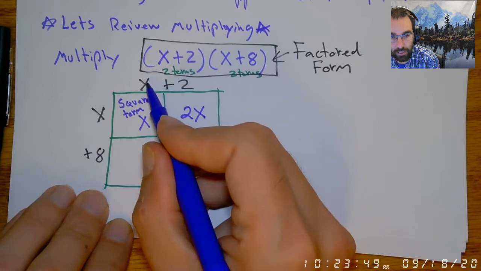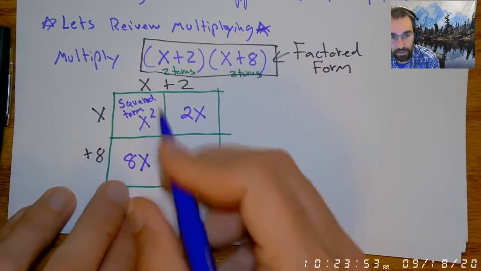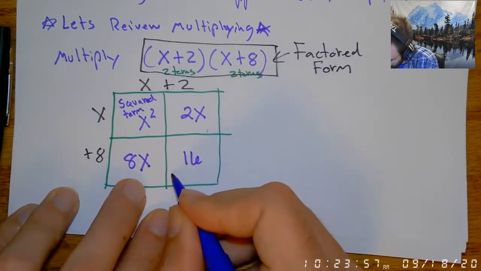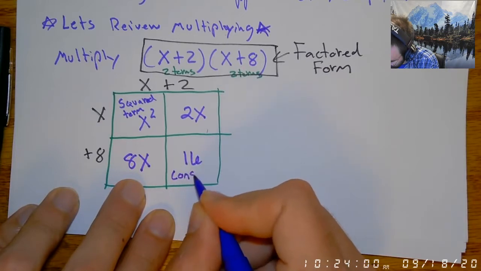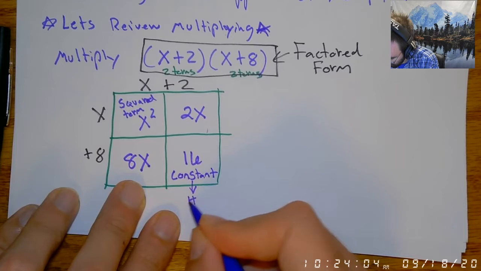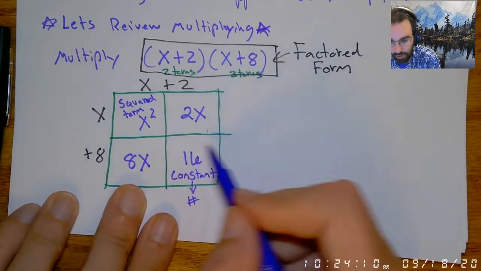And here we have x times 8, that's 8x. And down here we have 2 times 8, that's 16. We call this our constant, because constant just means number. Not hashtag, just number. So you guys remember doing this?